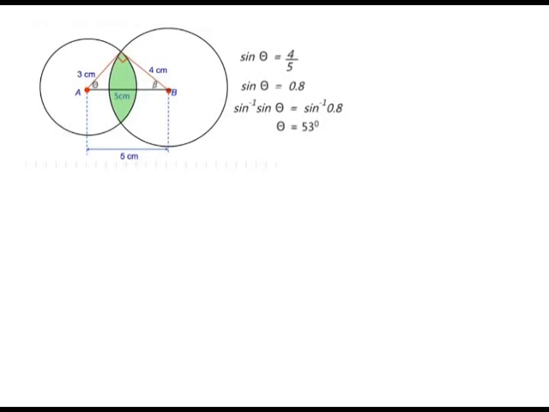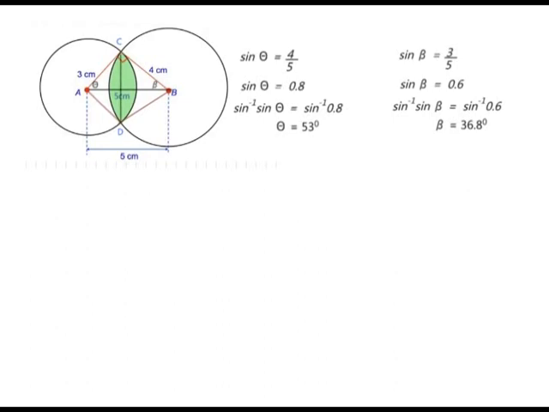For beta, sine beta is equal to 3 over 5, which is the same as 0.6. The sine inverse of 0.6 is 36.8 degrees. Now with these angles, let's complete the other two radii, mark this one D, and draw line CD.